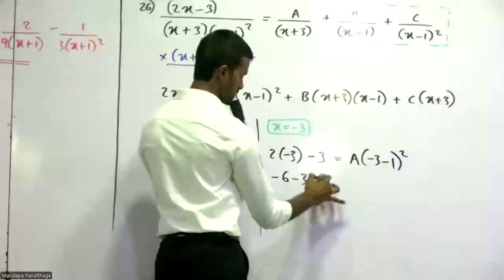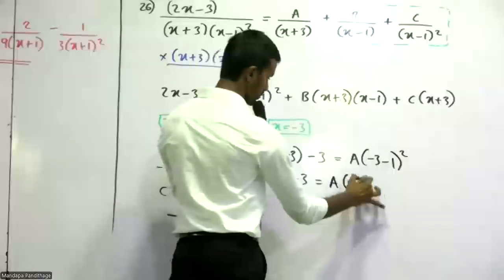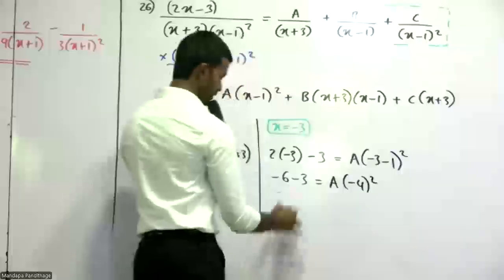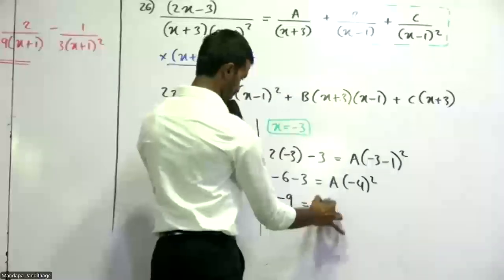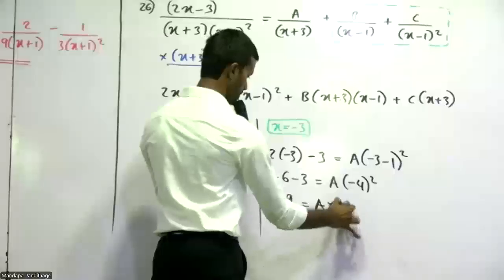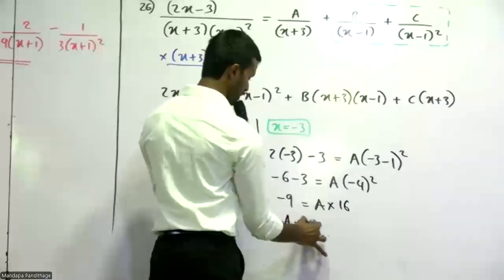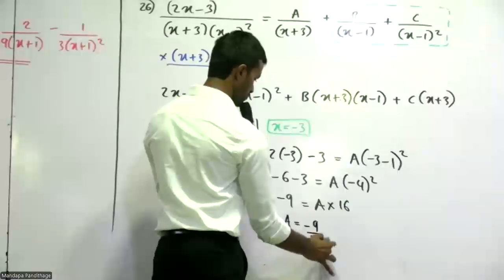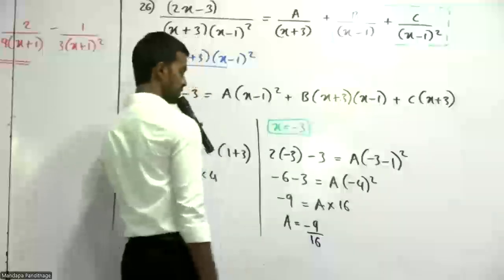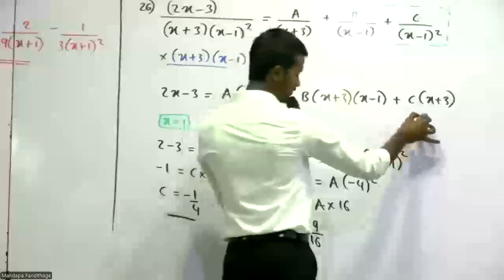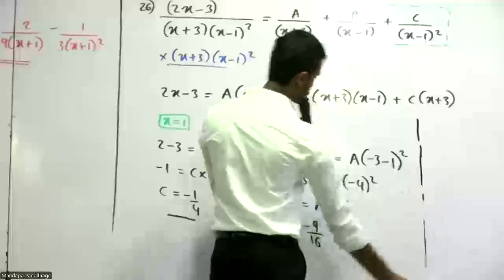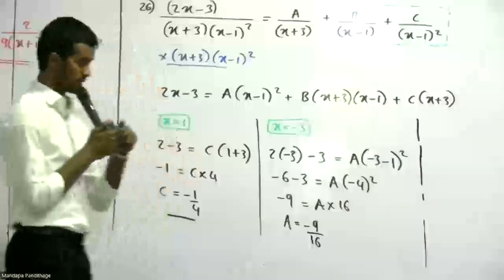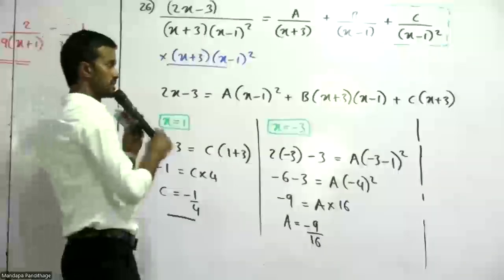Minus 6 minus 3 is equal to A into minus 4 squared. Minus 9 is equal to A into 16, which gives me A is equal to minus 9 over 16. Clear? Okay, then after substituting those values, you can compare a coefficient.